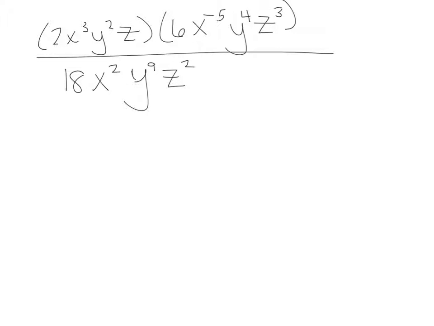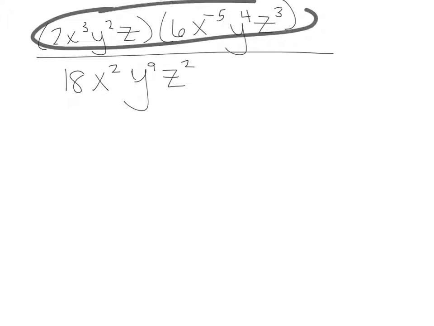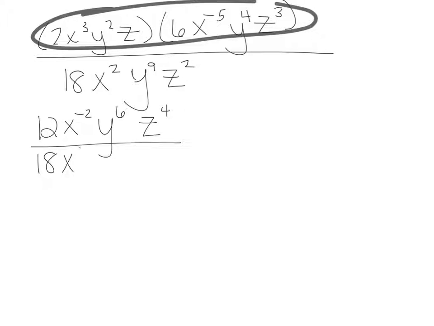So the first thing I'm going to do is clean this top piece up. 2 and 6 are my coefficients. They make 12. I have x to the negative 2, y to the 6th, and z to the 4th, all over 18x squared, y to the 9th, z squared. I now see I have a negative exponent, so I'm going to move that down.